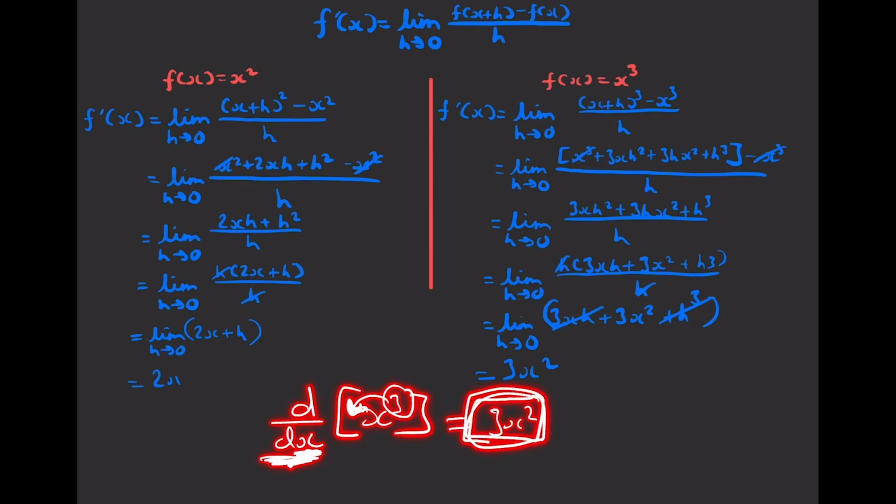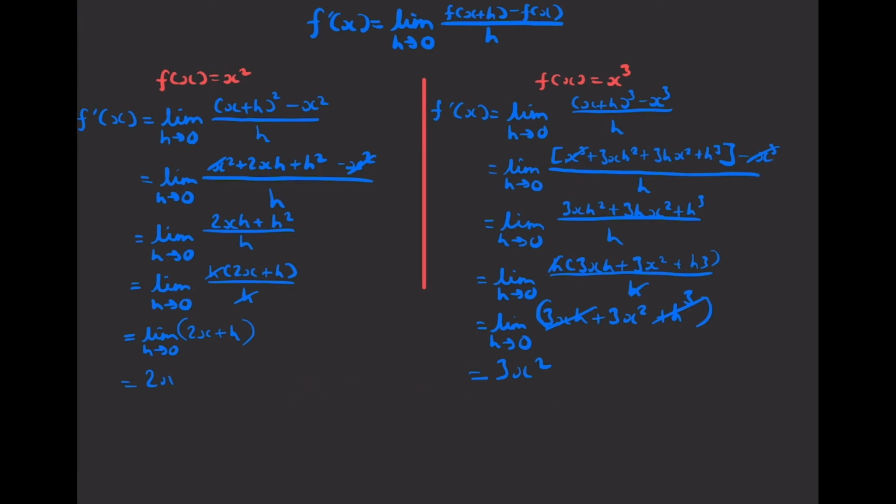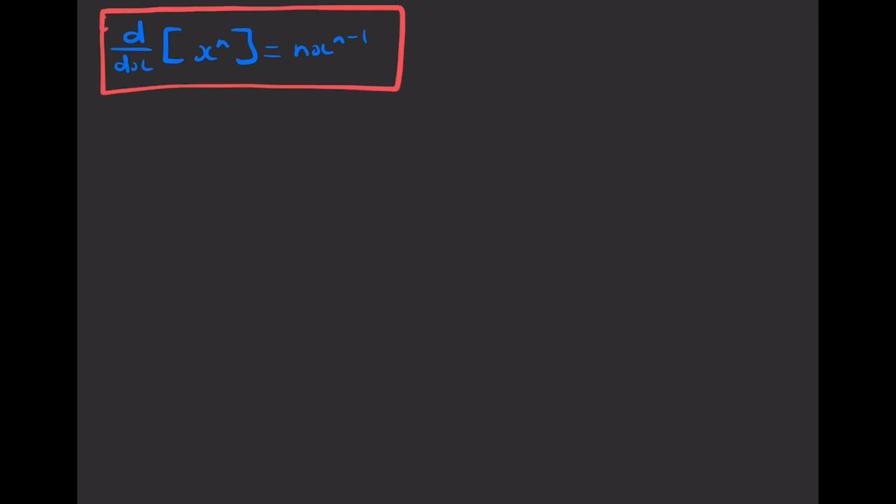This is a pattern that happened between both these functions, and this pattern is called the power rule. The derivative, or d over dx, of x to the power of n, for any integer n, or any real number, will be equal to nx to the power of n minus 1. This is called the power rule.